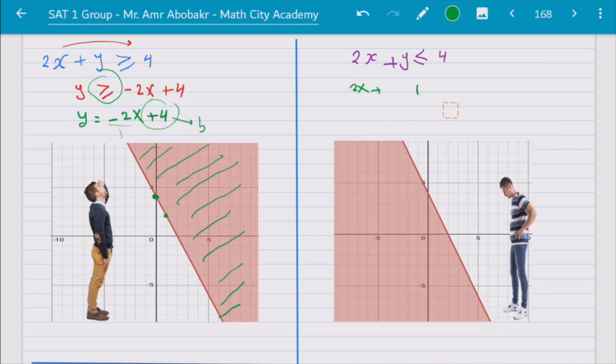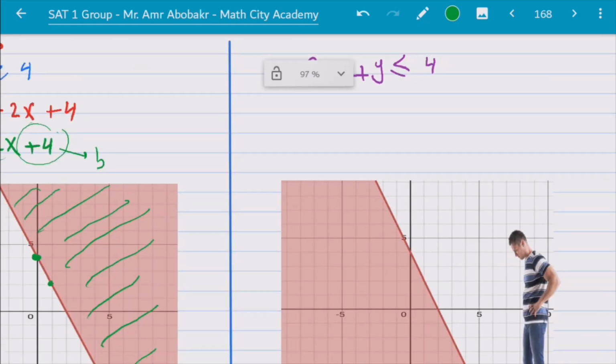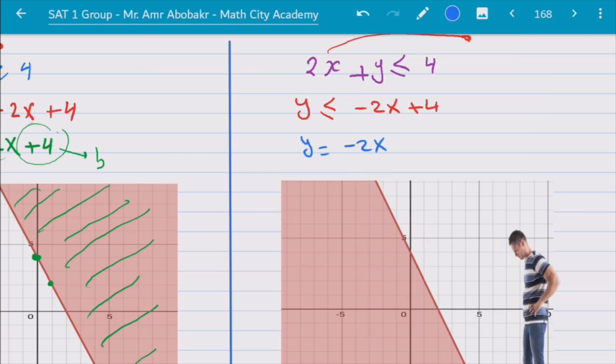The second one, y is smaller than or equal to, bring it to the other side, negative 2x plus 4. So now we can convert it to an equation as we did before. So y equals negative 2x plus 4.